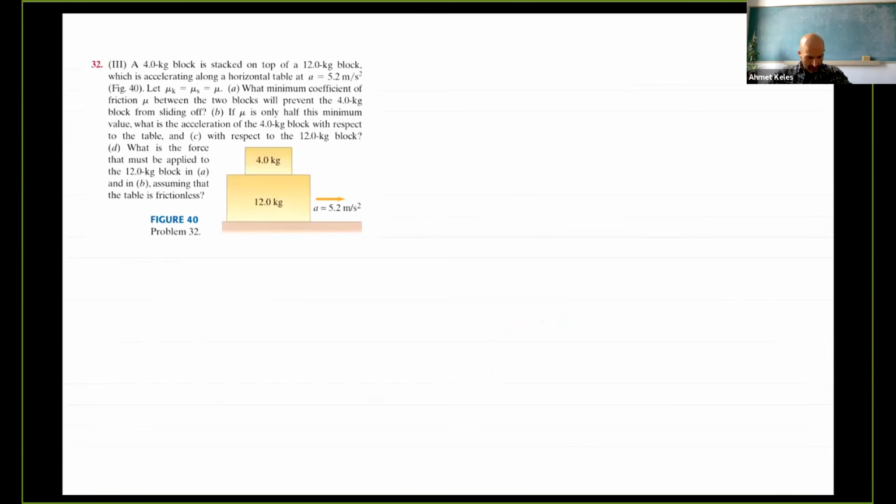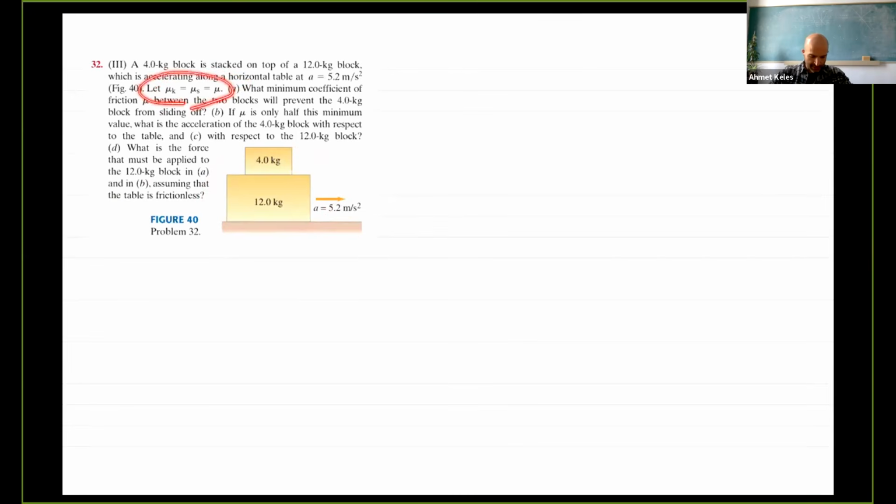A 4 kilogram block is set on top of a 12 kilogram block, which is accelerating along a horizontal table at a equal to 5.2 meters per second squared, like in this figure. But mu k is equal to mu s is equal to mu. The problem is saying let's take this as an approximation.